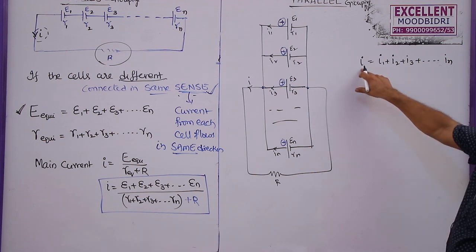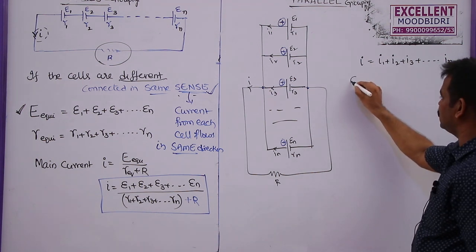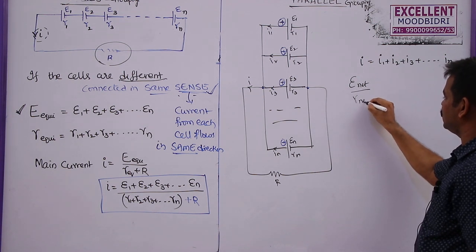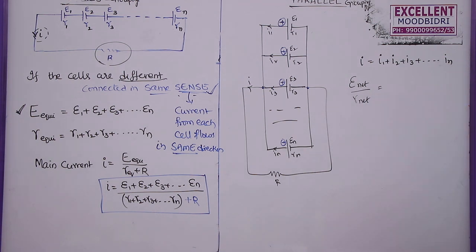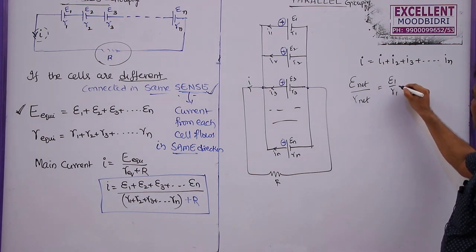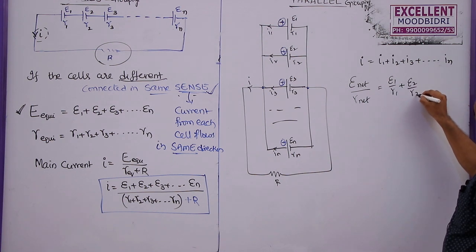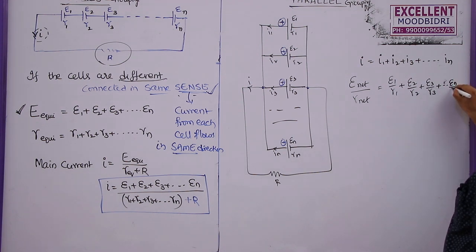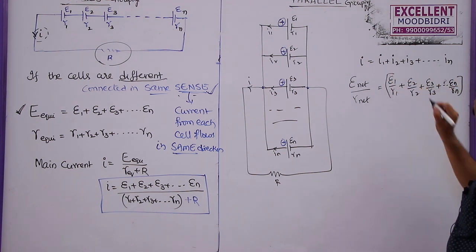But how to find the net EMF? The net current is given by E net by R net. This is given by E1 by R1 plus E2 by R2 plus E3 by R3 and so on, En by Rn.